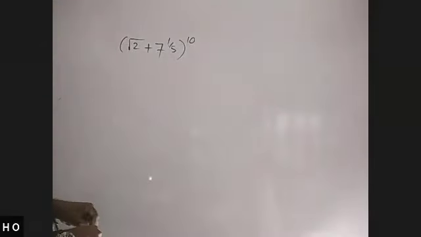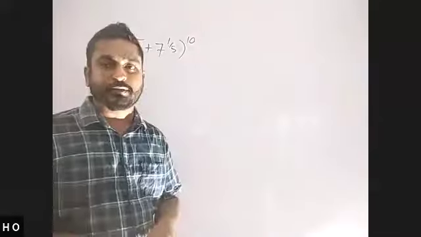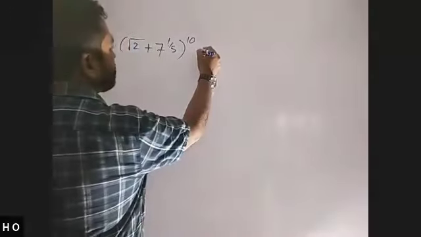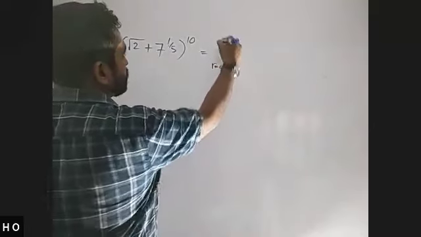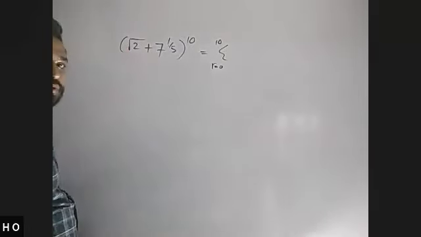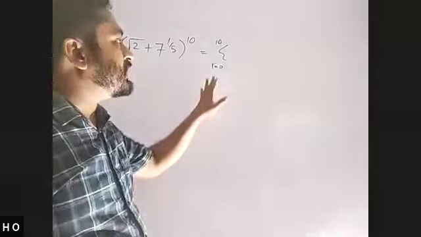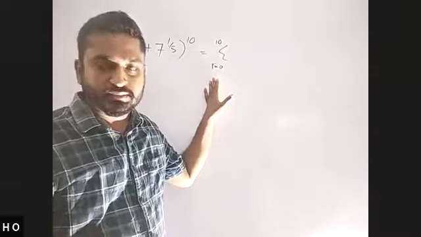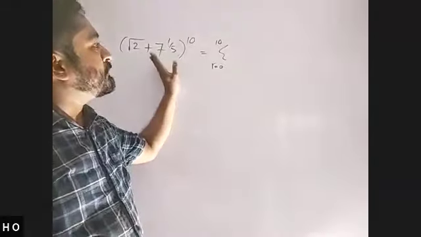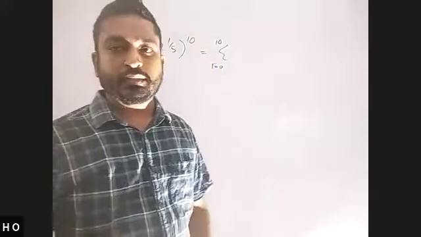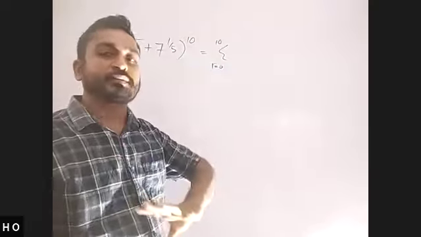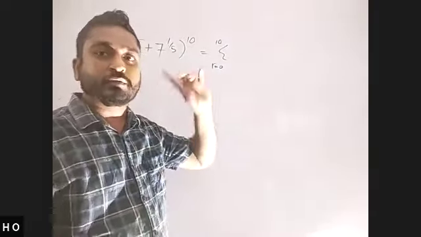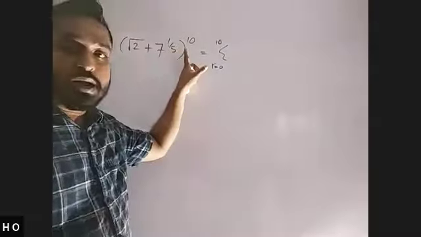So first of all, we have to consider the definition. It is going to be sigma, r equals 0 to 10. Why do we start with r equals 0? For the power 10 of a binomial, we always have more than one term, so here we get 11 terms.